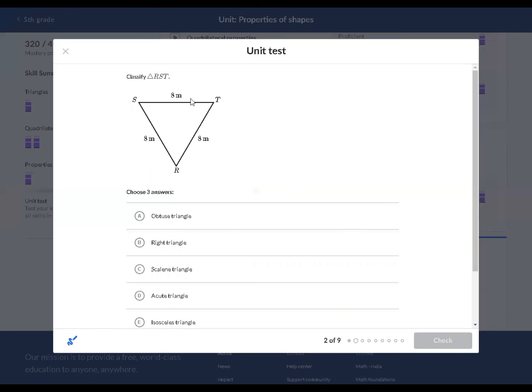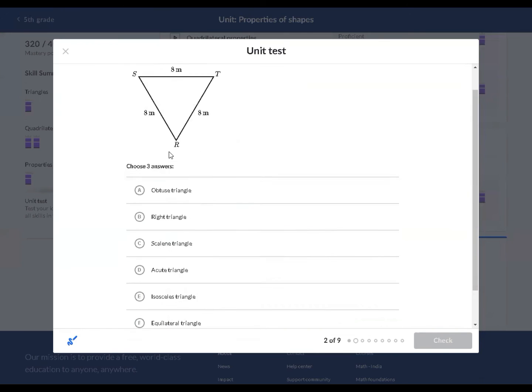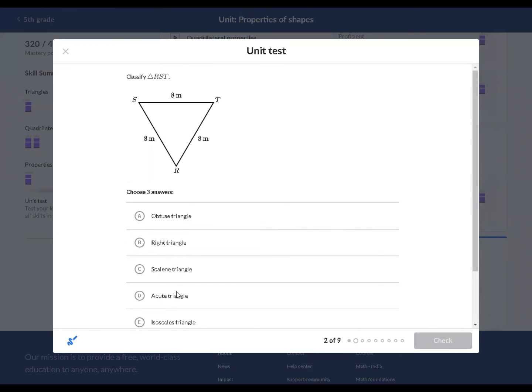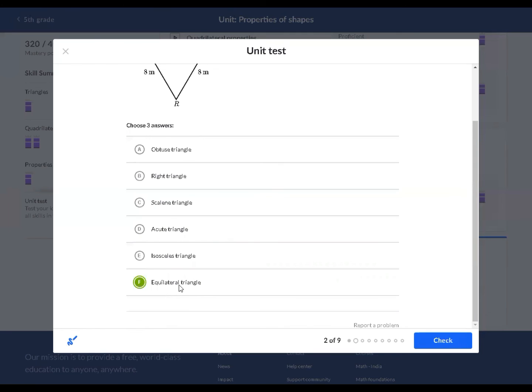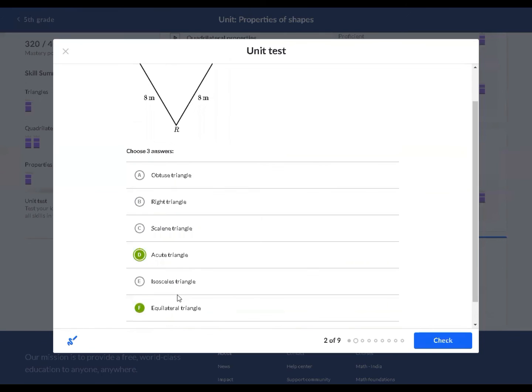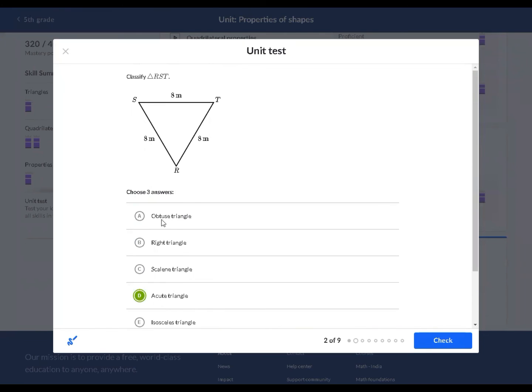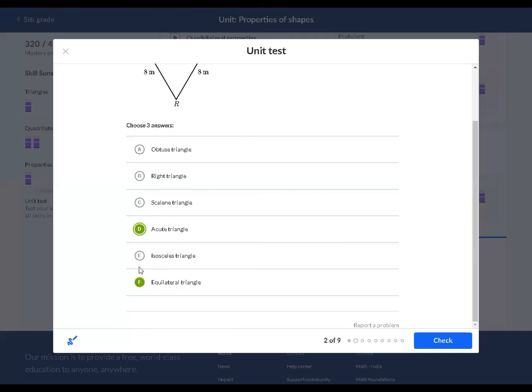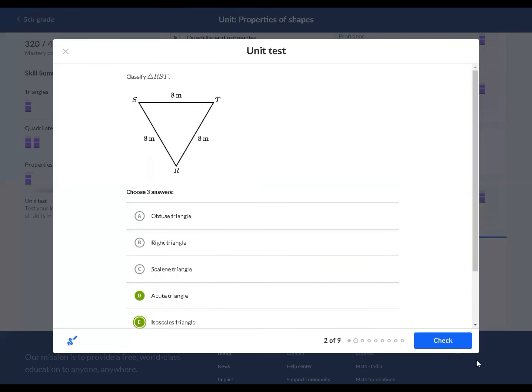Okay, next question. So angle RSP. Okay, so this is an equilateral triangle because all sides are equal, and also an acute triangle. Yeah, we have to choose one more. This is an equilateral acute. I think that this is also an isosceles triangle.